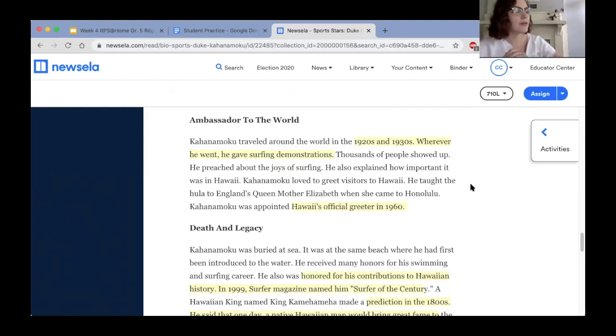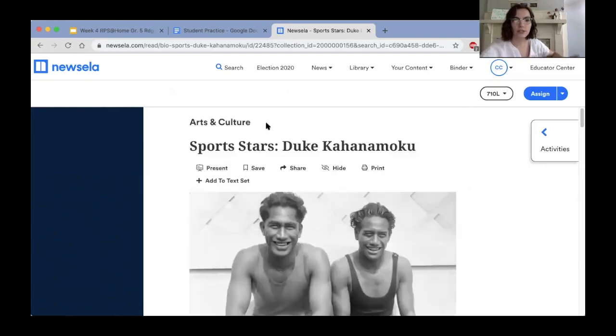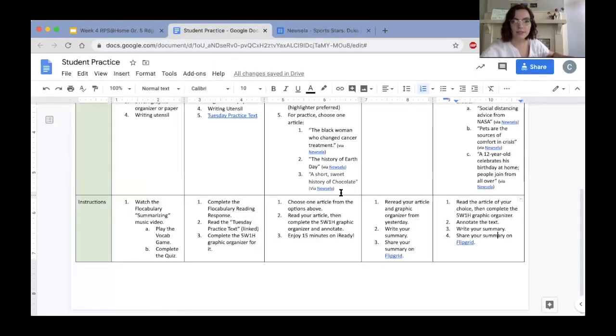Now that we have both of our organizers set, our timeline and our 5 W's, we're going to keep these so that tomorrow we can move them into a piece of writing. We'll be writing 1 paragraph summaries tomorrow and on Friday. During your practice today, you are going to get to choose from a couple different text options.